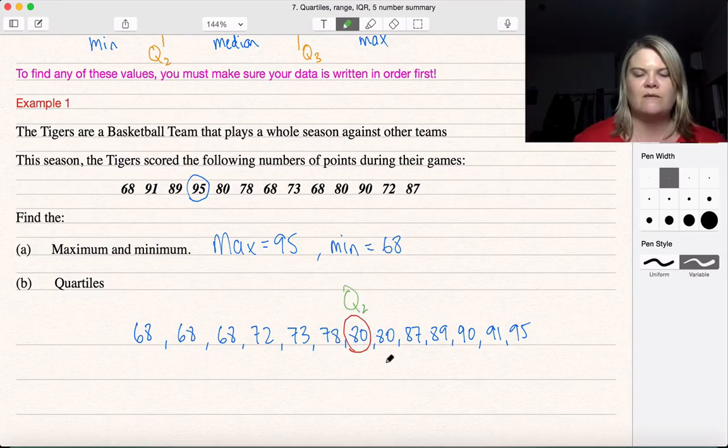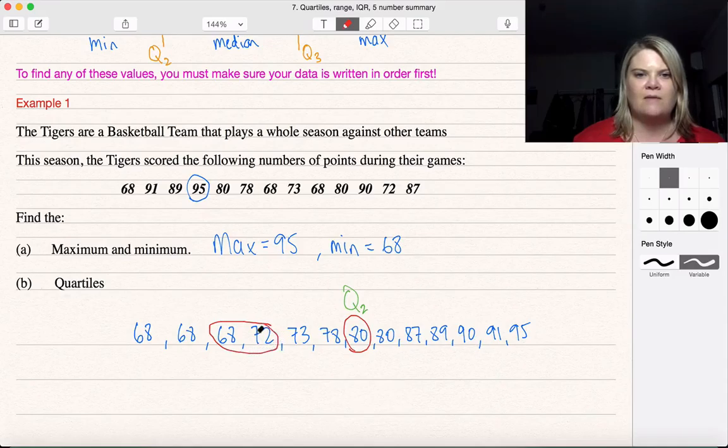So we've already found one of our quartiles. Once you have that quartile, we need to look at the left-hand side of the data and break this in half again. So when you do that, you don't count the median, just count the numbers on the left-hand side. We've got 6. So halfway is between these two.